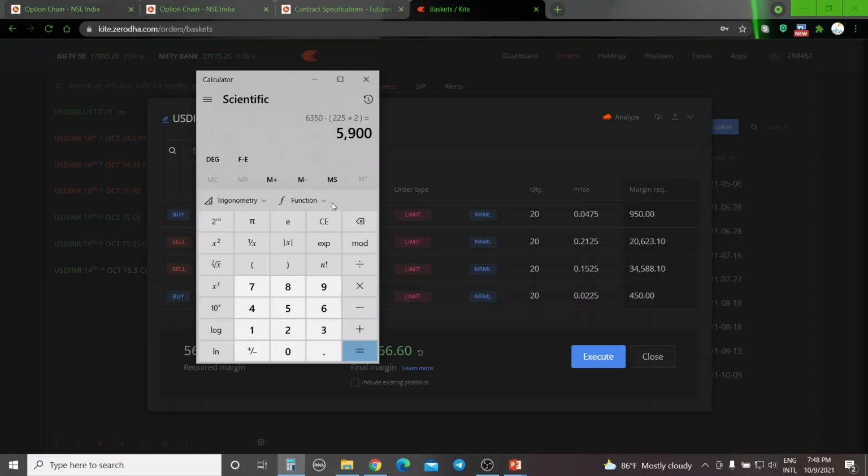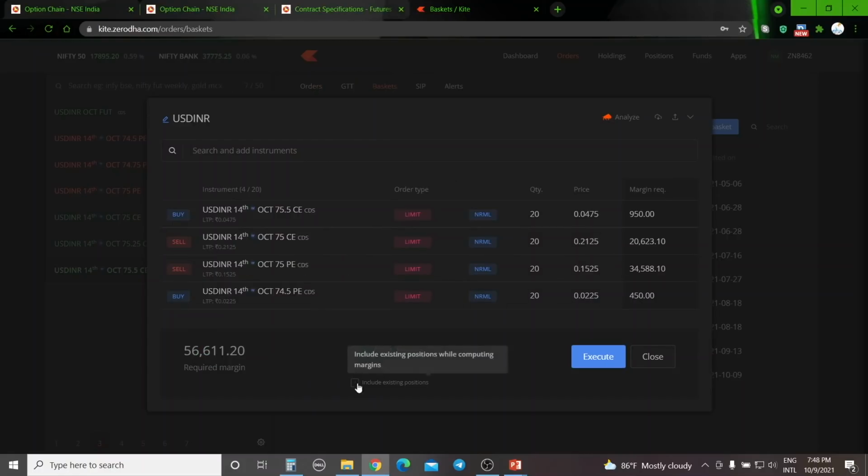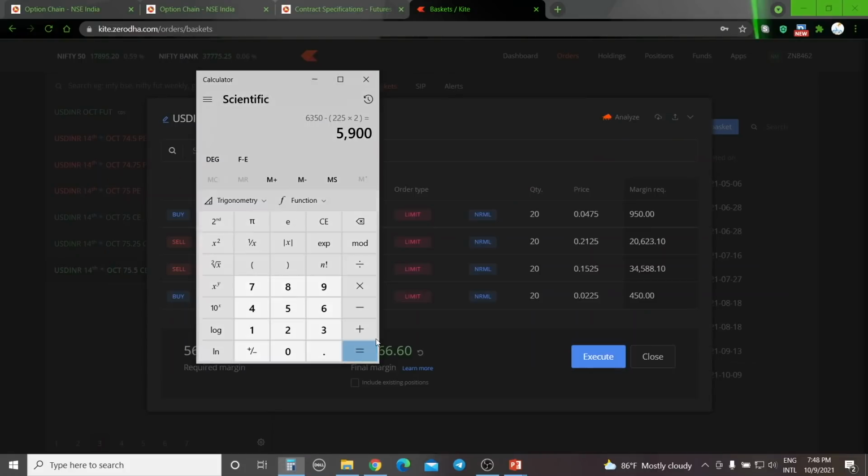So 5,900 rupees. So we are collecting 5,900 rupees of premium. Means net premium will be 5,900 rupees on a margin of 27,000 rupees. Let us say margin of 27,000 rupees multiplied by 100, that is 22% of the margin blocked. You are collecting it as a premium which has a huge risk.